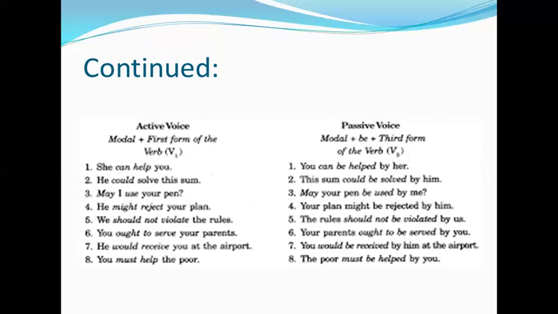You can be helped by her. May I use your pen? May your pen be used by me? Next, you should not violate the rules. The rules should not be violated by us.